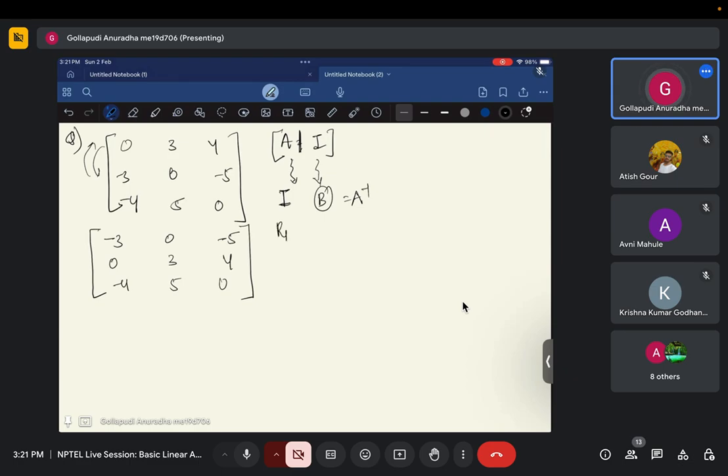So doing operations. One, 0, 5 by 3 in the first row.